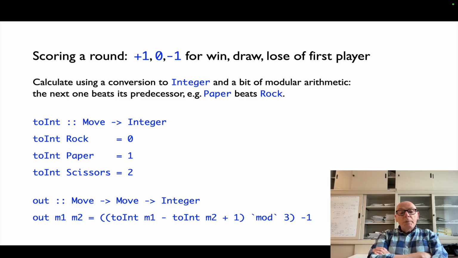We subtract 1 to make sure the result is between 1, 0 and -1, but we add 1 before that in order to cancel out the subtraction, if you like. We add before taking the modulus and then remove 1 afterwards, and that gives us our score. So there's a compact way of working out the outcome of a single move. What we do next is look at a tournament, a sequence of moves.